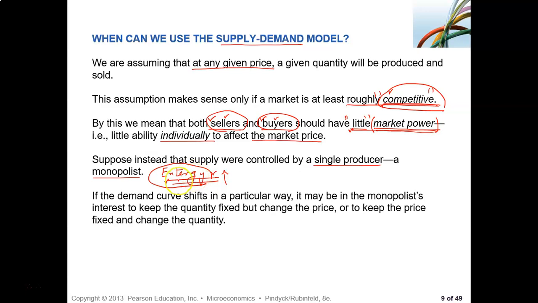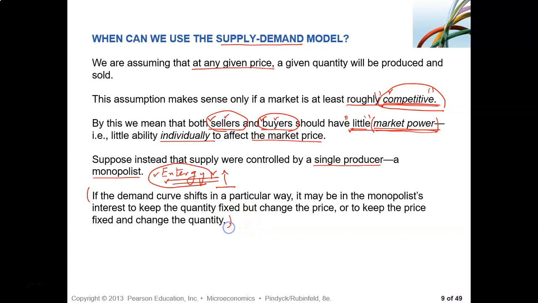That is why these are public monopolies. So the government entity has to make an agreement with the government about how much price they want to charge, because if there is no government involvement, then they may charge too much because they have market power. If the demand curve shifts in a particular way, it may be in the monopolist's interest to keep the quantity fixed but change the price, or keep the price fixed and change the quantity.